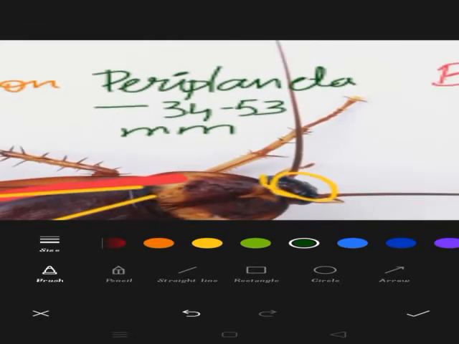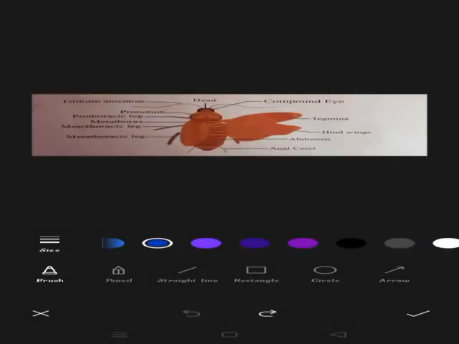They have an exoskeleton. The exoskeleton is composed of several plates. The several plates are called sclerites.